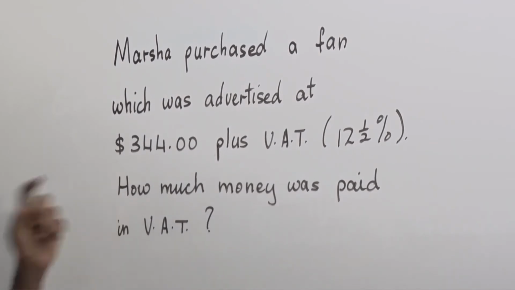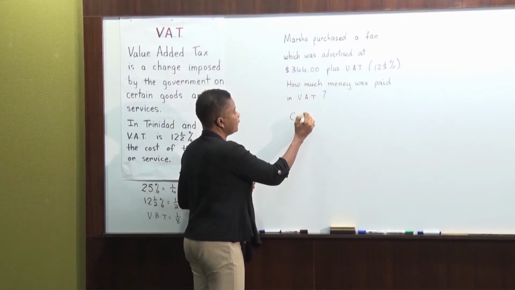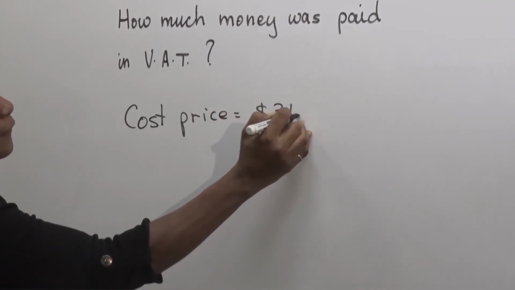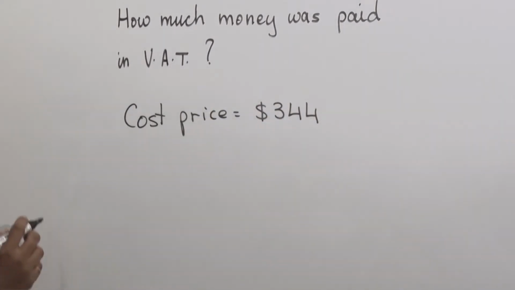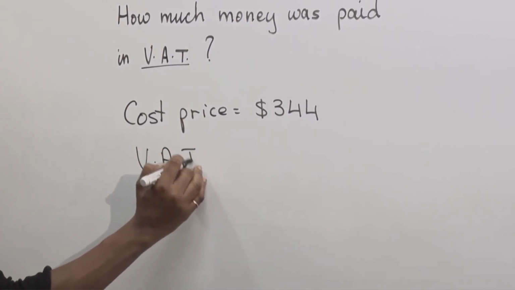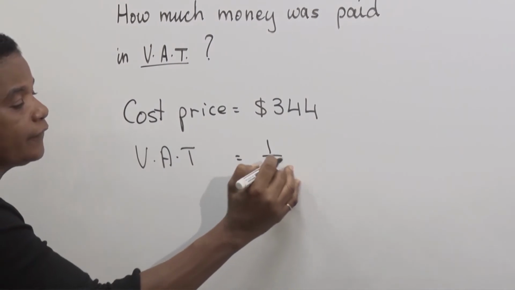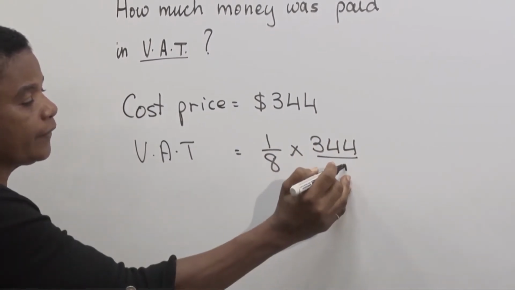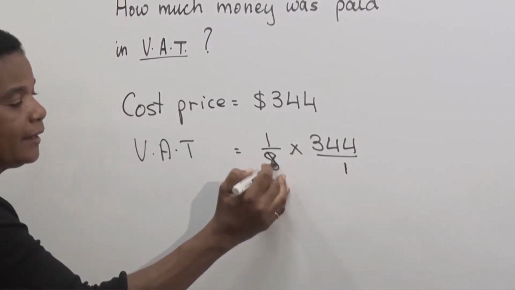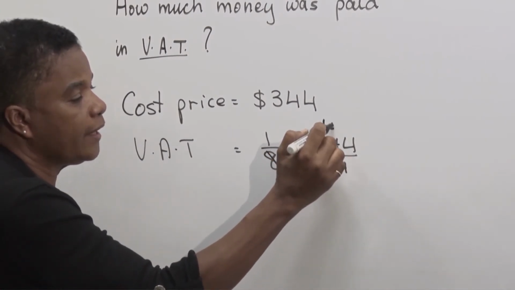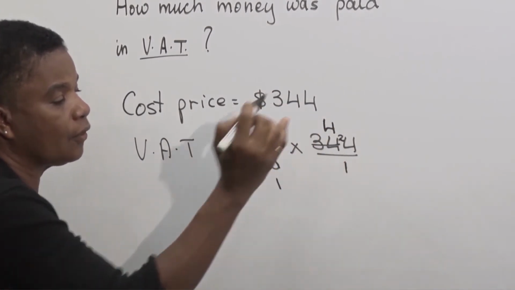Now, the advertised price or the cost price of the fan was $344. The question is only asking for the VAT. So the value-added tax would be 1/8 of $344. Let's work that out. We can try 8 into 8, 1. 8 into 34, 4 8s are 32, and there's a remainder of 2.